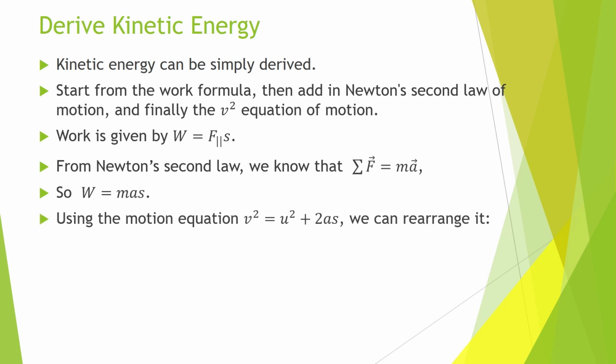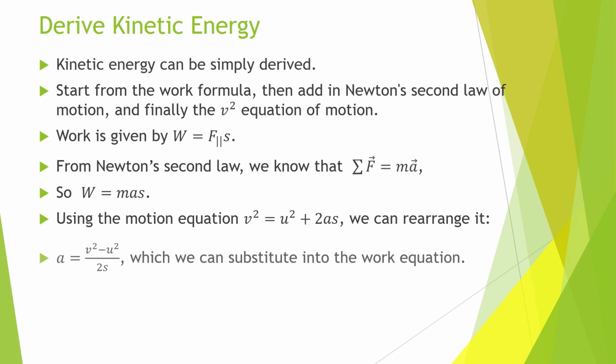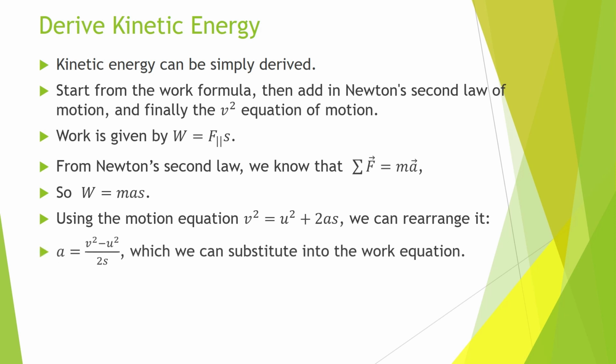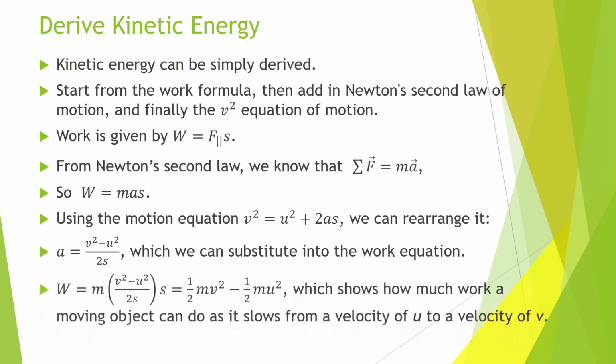Using the motion equation v squared equals u squared plus 2as, we can rearrange it as a equals v squared minus u squared all over 2s, which we can now substitute into the work equation. So instead of m a s, we now have m times (v squared minus u squared all over 2s) times s.